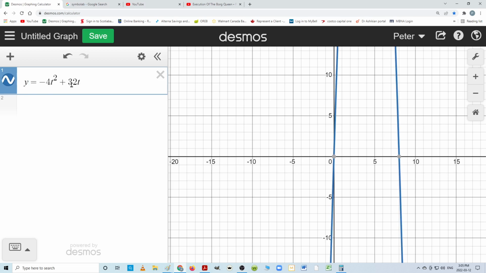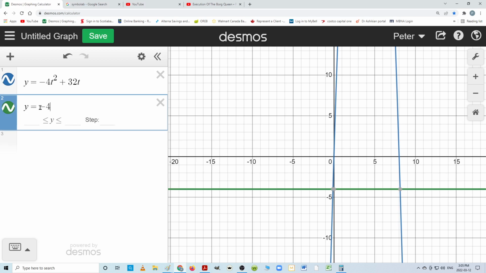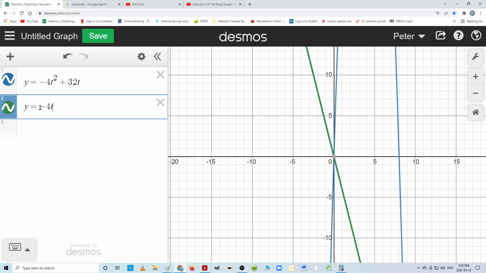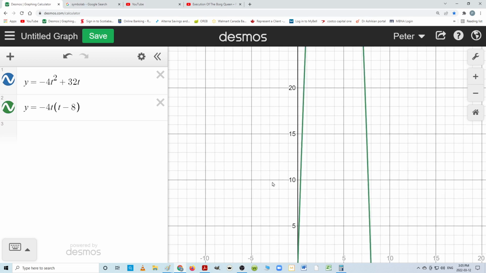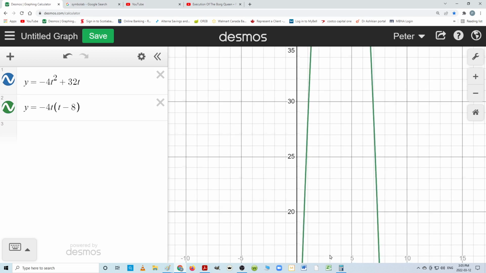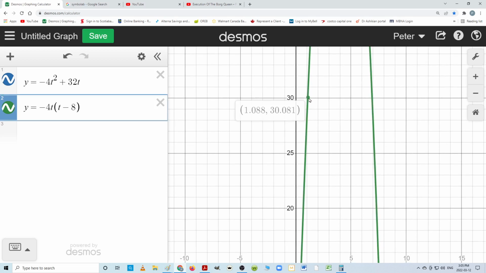And I'm just going to do y, and it'll accept the t. So there's 0, there's 8. Notice that when I factor it, I get the exact same graph. Now, I'm just going to find a nice usable height here. 30 is good.